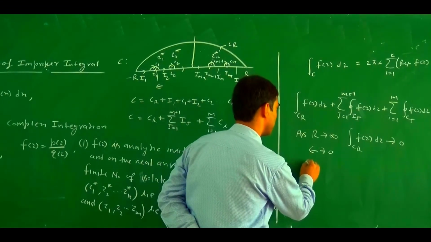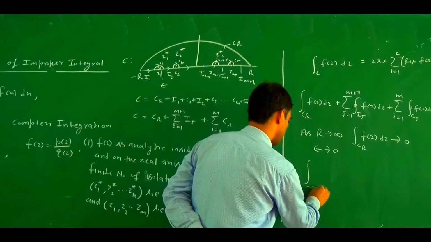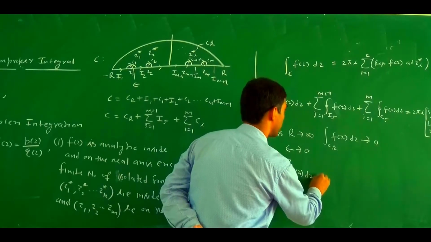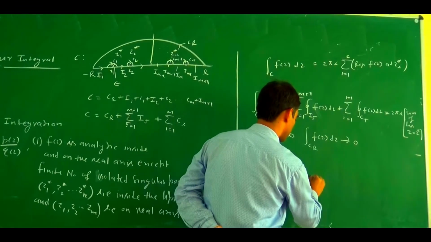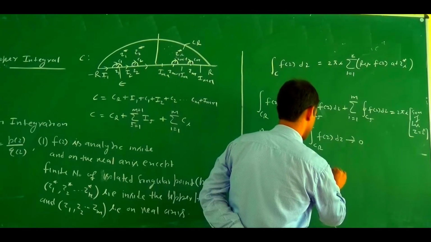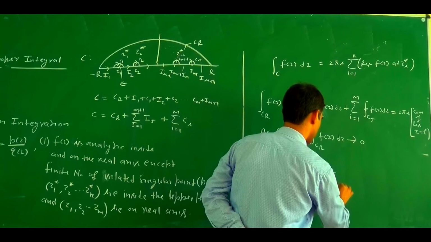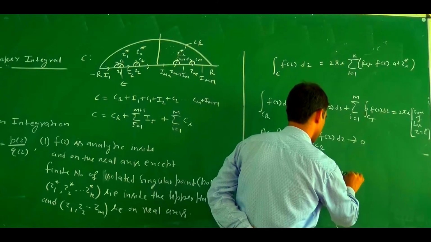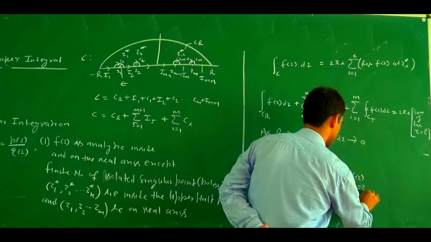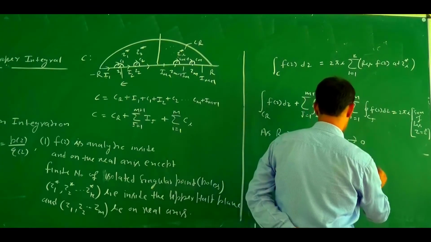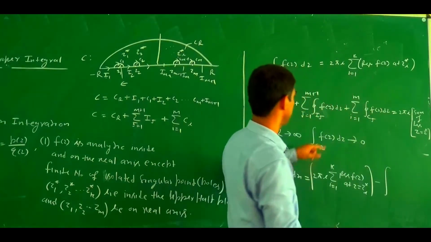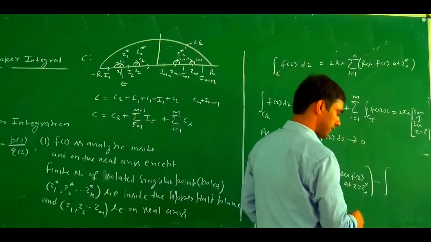the integral from minus infinity to infinity of f(x) dx, and this equals 2 pi i times the sum of the residues, summation i equal 1 to k, residue of f(z) at z equal zi star. This is the first term, minus the integral over the Cj.